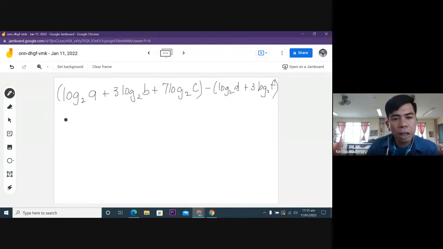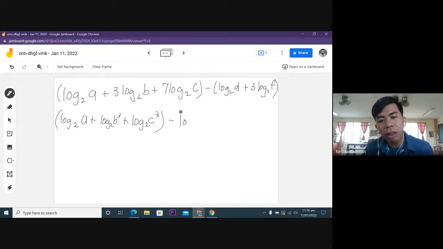Okay? Sige. So, unahin natin is power rule. So, rewrite natin logarithm of A with the base 2 plus logarithm of b cubed with the base 2 plus logarithm of c raised to 7 with the base 2 minus logarithm of d with the base 2 plus logarithm of f cubed with the base 2.